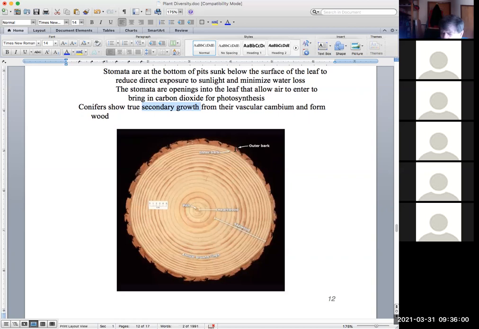So what is secondary growth? Well, if we cut open a tree trunk, this is a tree trunk from a white pine, it looks like, we can see a couple of things. We can see the bark. Notice that the outer layer of the bark is a different material than the inner layer of the bark. The inner layer would be the dark brown right next to this lighter area.